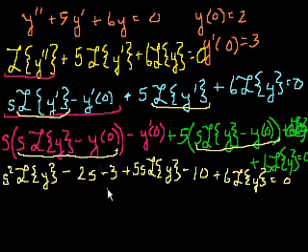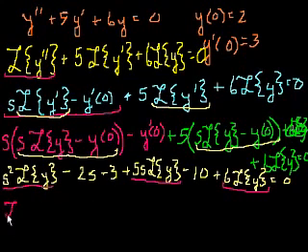Now, let's group our Laplace transform of y terms and our constant terms, and we should be hopefully getting someplace. So let's see. My Laplace transform of y terms, I have this one, I have this one, and I have that one. So what am I left with? Well, let me factor out the Laplace transform of y part.